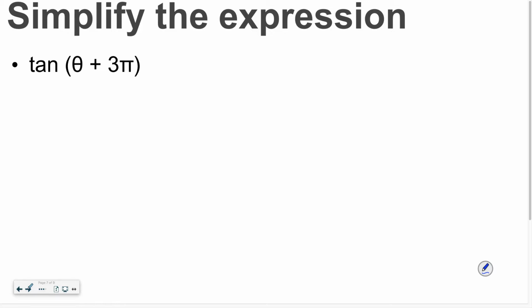So we're going to simplify this expression. I need you to notice that we are adding two angles inside of our tangent function, which we don't usually see. We can't break that apart without using this formula. That's why we have this formula. So, tangent of theta plus 3 pi.